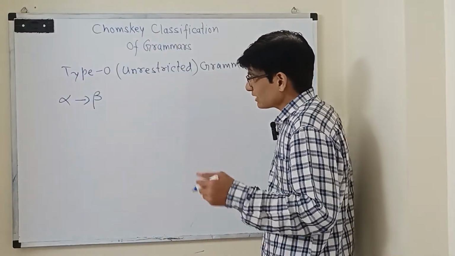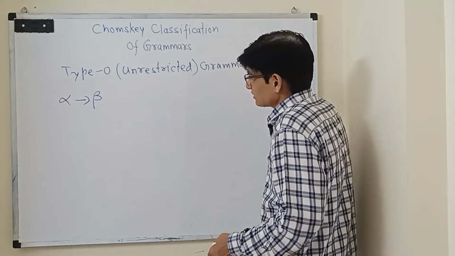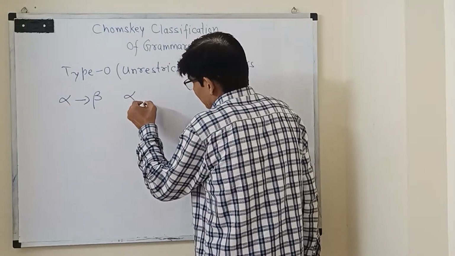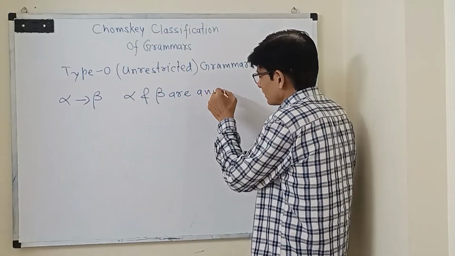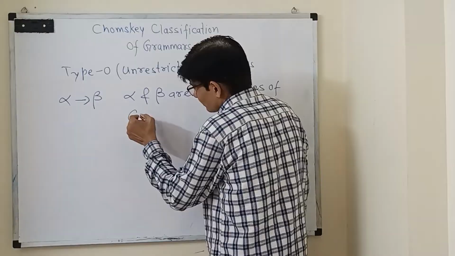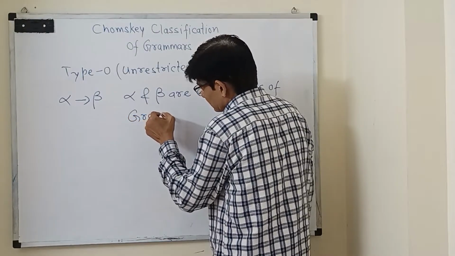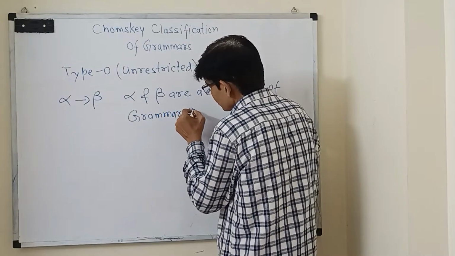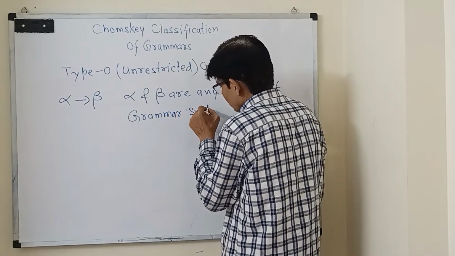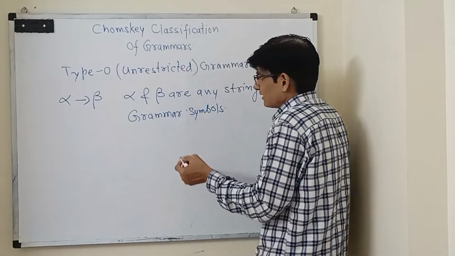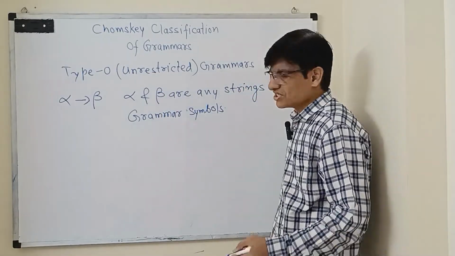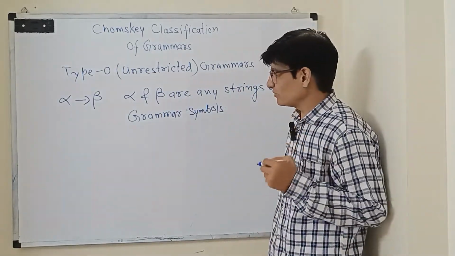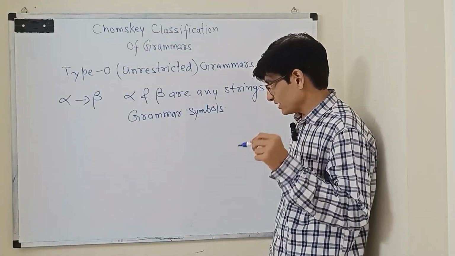Now what are alpha and beta here? Alpha and beta are any string of grammar symbols. Grammar symbols include both variables and terminals. So alpha and beta may be any string of variables and terminals, or any combination of variables and terminals.